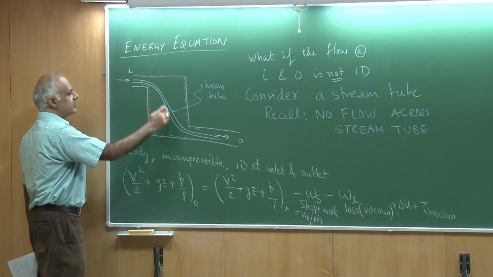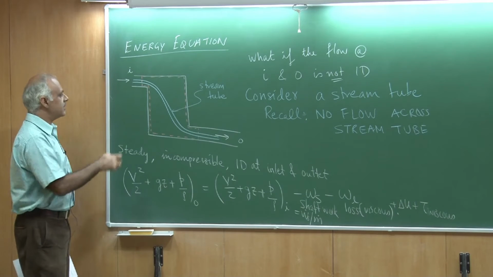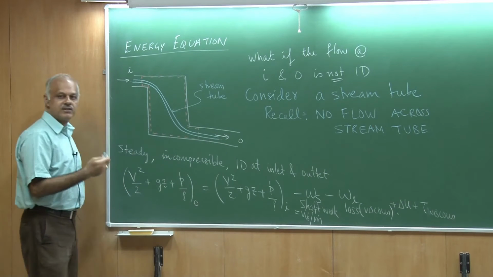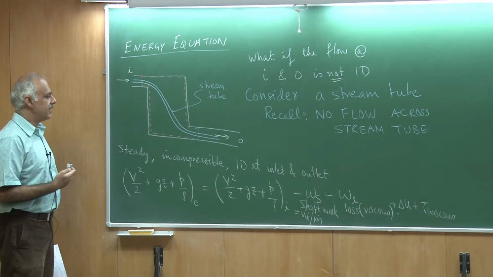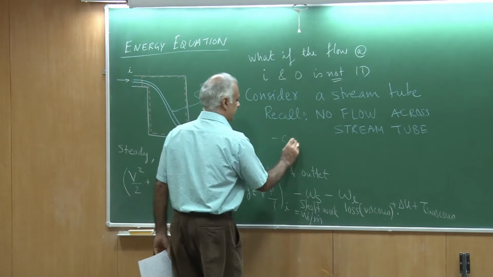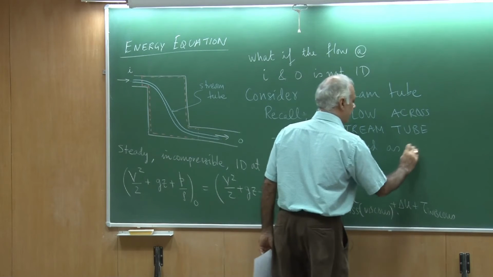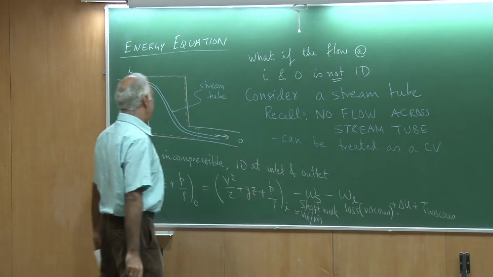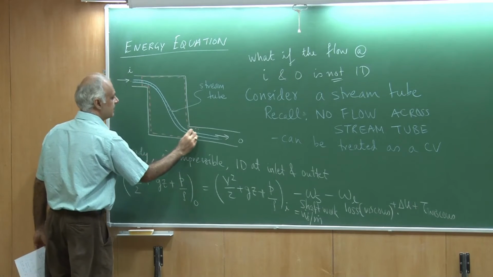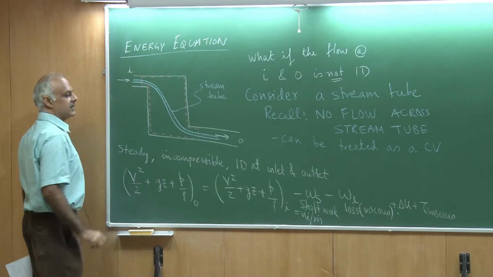So, if I take several streamlines and put them in the form of a stream tube, then essentially what I am saying is that whatever flow enters at one end would have to leave at the other end because there is no leakage of flow across the stream tube. Therefore, I could treat this itself as a control volume, and I would like to draw a set of dashed lines to show you that indeed we are going to treat this as a control volume.